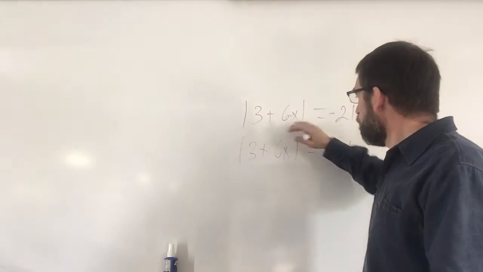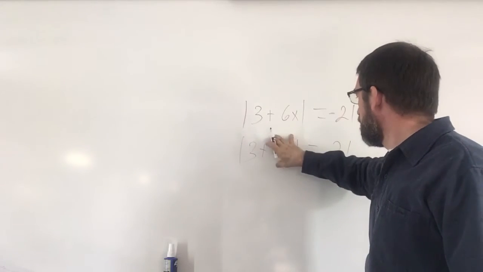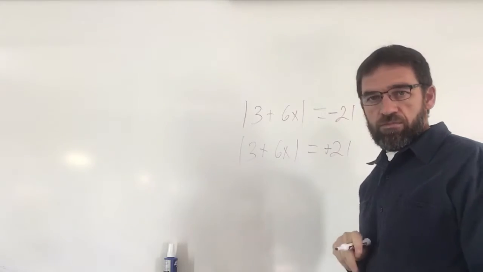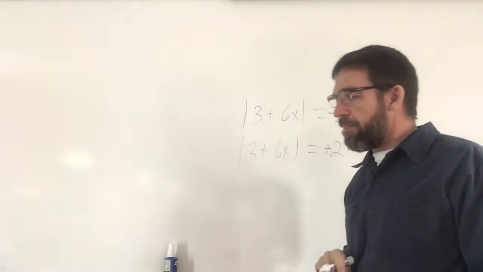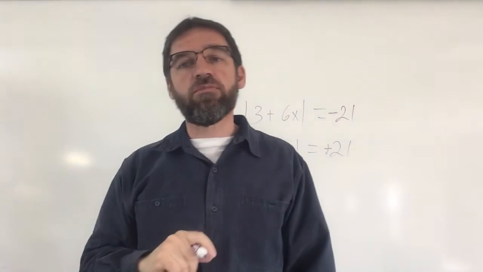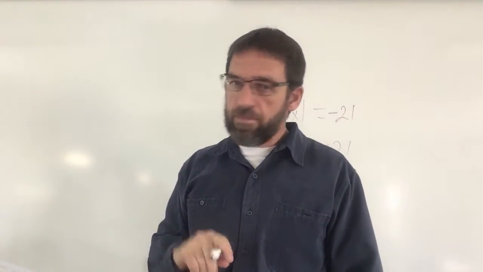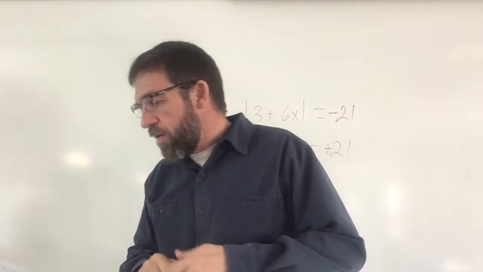Okay? You will work 2 equations. You'll work this equation, and then you'll work this equation. One equal to the negative, one equal to the positive. And then solve both equations. And check the answers to substitute them into the original equation. Okay, check your answer when you're done. Are you ready to go?